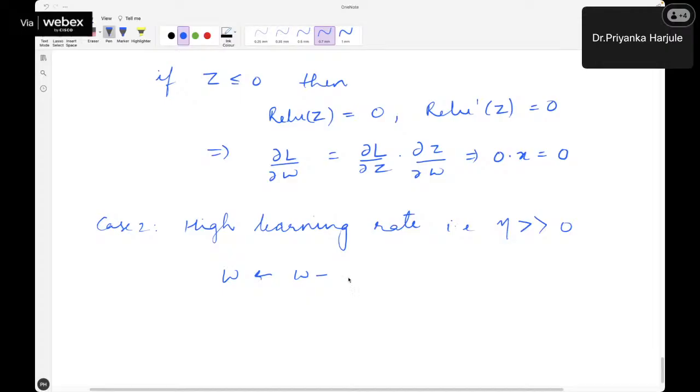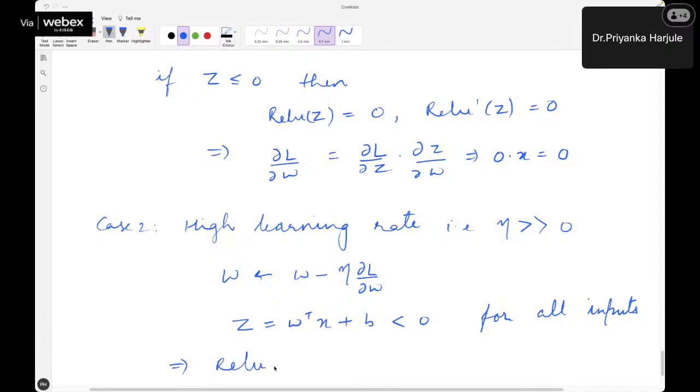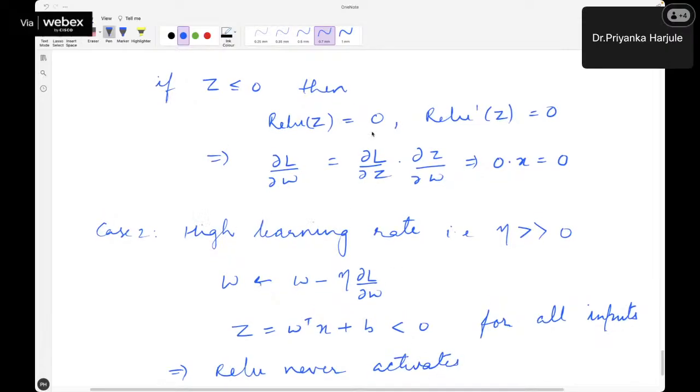The weights can jump in a way that this Z, the pre-activation, becomes negative for all inputs. So again, we fall into the same problem. So ReLU never activates because it will again go back to this scenario.